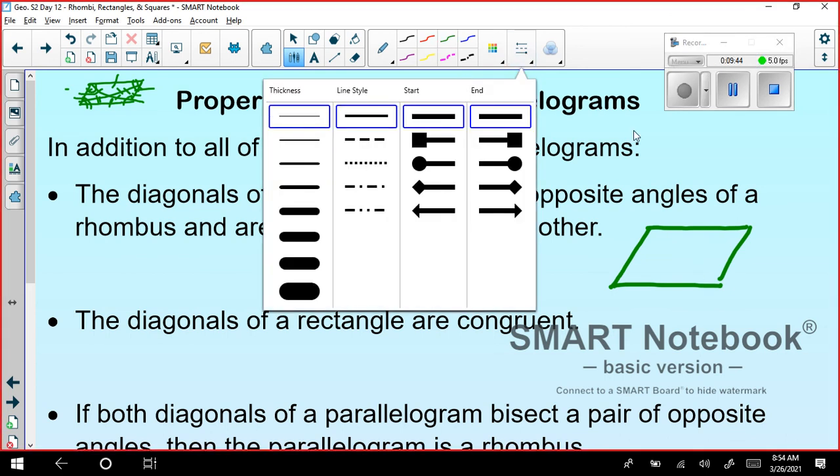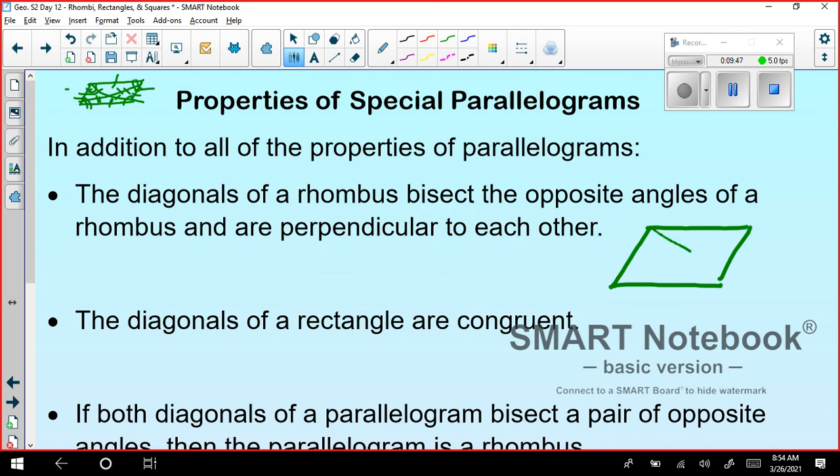If I have a rhombus, then the diagonals will bisect these angles. It will make these particular angles congruent, and in the same way these angles will be congruent as well. They are different angles, okay? A rhombus is not equiangular, it's equilateral.